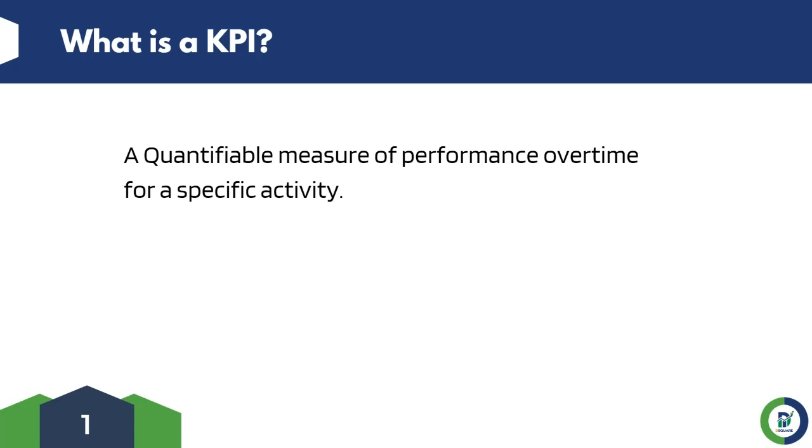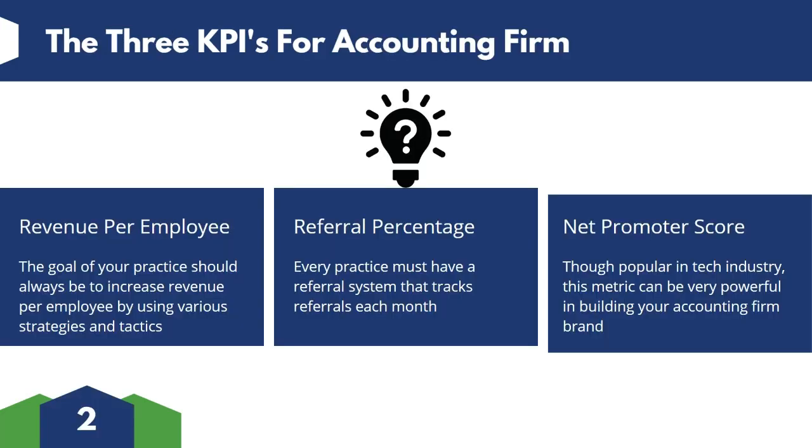Today I'm going to give you three examples that really help a lot of my accounting firm clients to grow their accounting practice really well. The three key KPIs that I suggest for any accounting firm are revenue per employee, the referral percentage, and net promoter score.